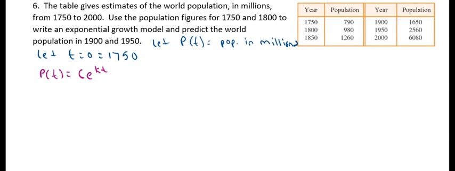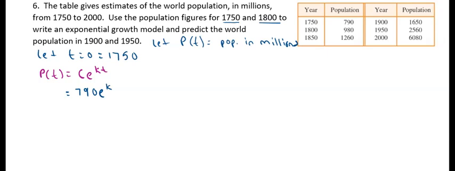So we're told to use 1750 and 1800. So 1750 would be our initial. That means that our initial population from 1750 is going to be our C value. So that's 790, times e to the K T. We don't know the K, but we're told that we should use 1800 as our second value.